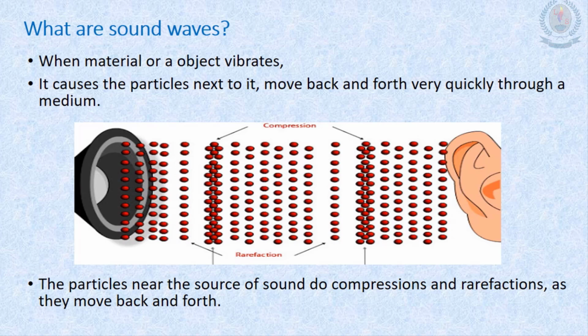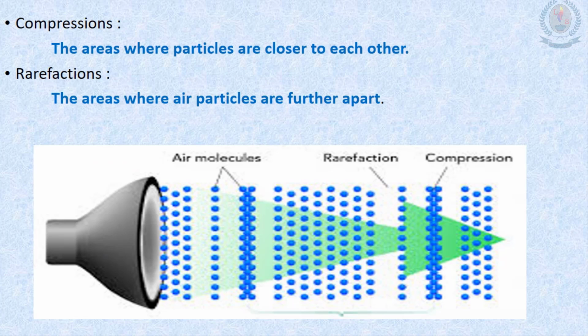Let's look at what those are. Compressions are the areas where particles are closer to each other. Rarefactions are the areas where air particles are further apart.